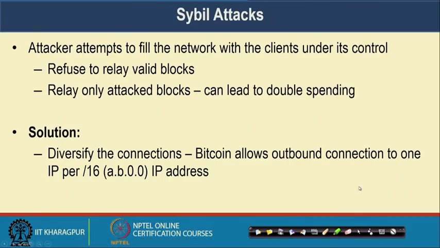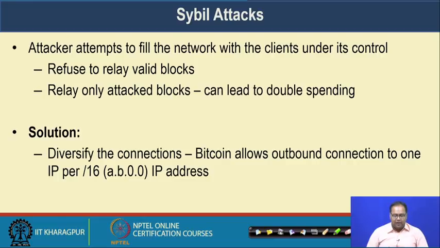Well, there can be certain types of attacks which can happen on a proof of work based system, and one popular attack that people try to perform is the Sybil attack. In a Sybil attack, the attacker attempts to fill the network with clients under his control. If the attacker can do that, then the attacker can get a monopoly over the network, and these clients can perform different kinds of actions based on the attacker's instructions.